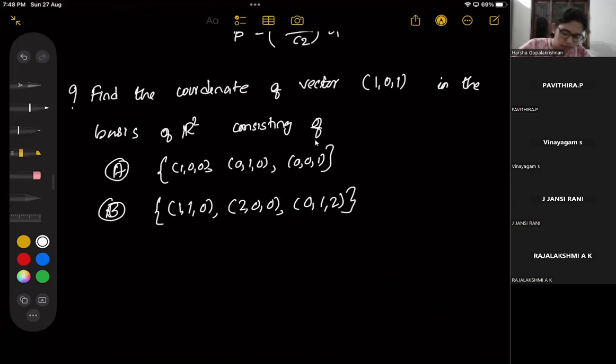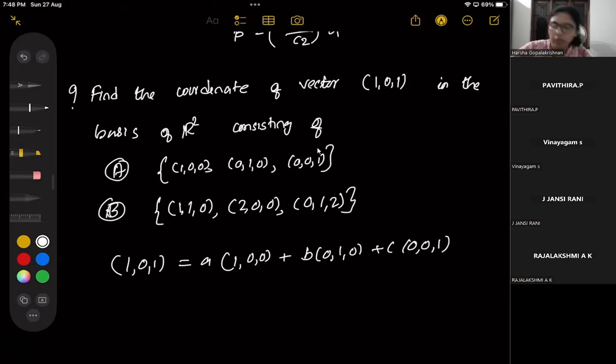So what it actually says is, if we can write 1, 0, 1 equal to, okay, I will start with the first one: A into 1, 0, 0 plus B into 0, 1, 0 plus C into 0, 0, 1.